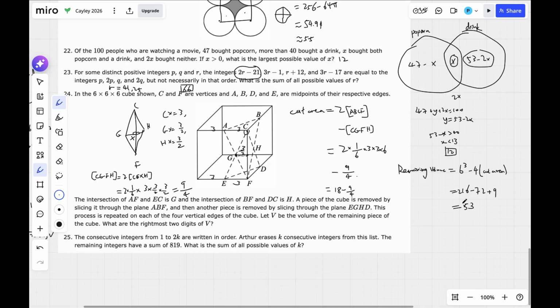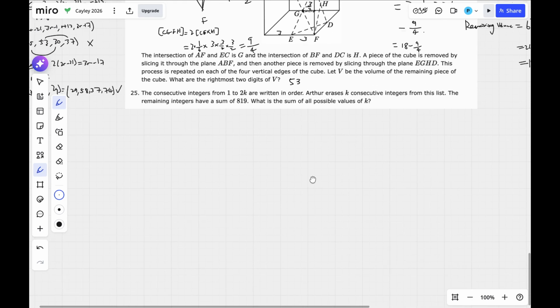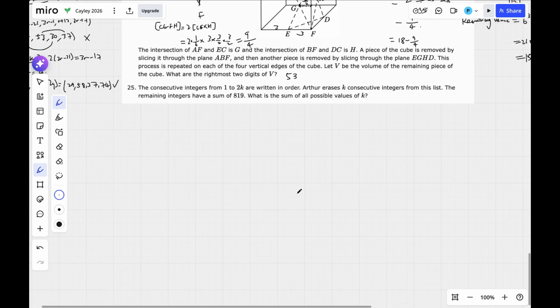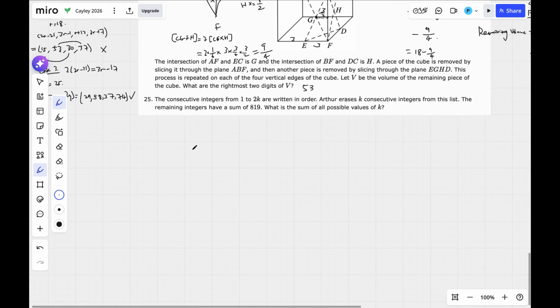So this is 216 minus 4 times 18, which is 72, minus 4 times negative 9/4. So this is plus 9. And so finally, we get that the remaining volume is 153. Since we want the rightmost 2 digits, we drop the 1 and we write 53.